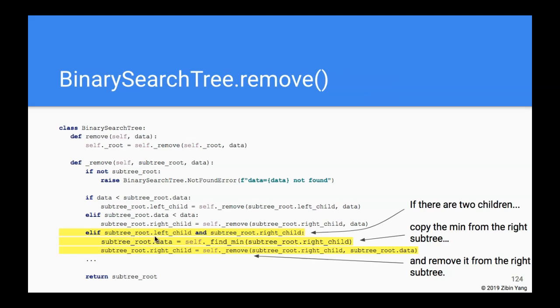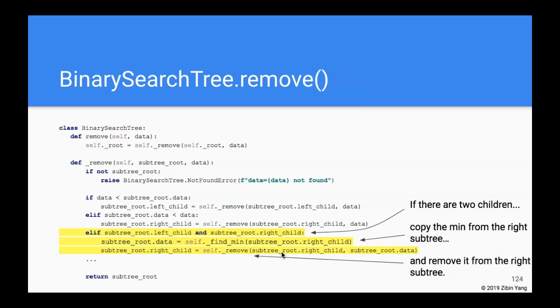And in this case, this root node has both the left and right children, like the picture we just discussed. So what we'll do is we'll find the minimum on the right subtree, and then we copy that data into the data of the root node of the subtree, which is the one we're trying to remove.